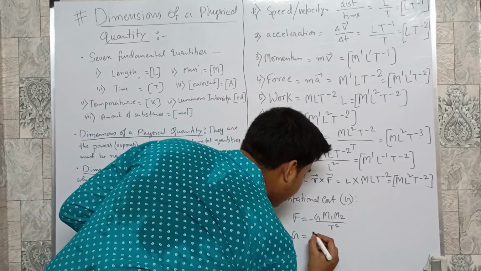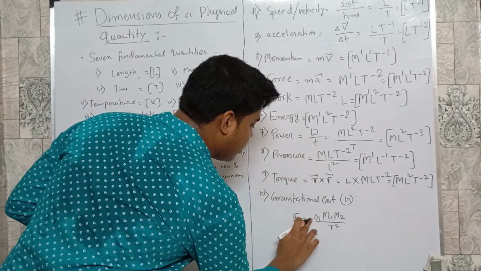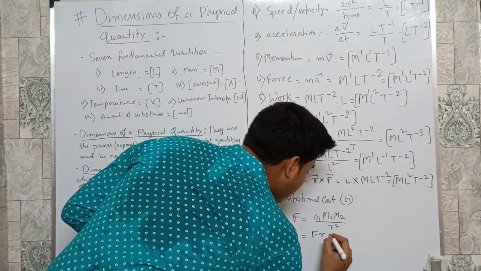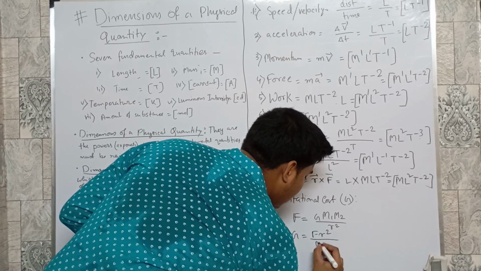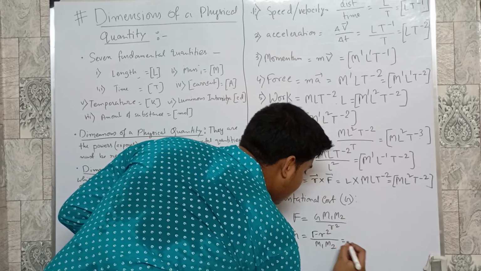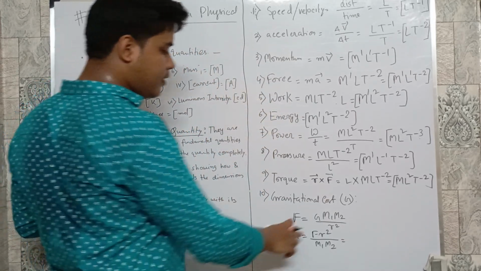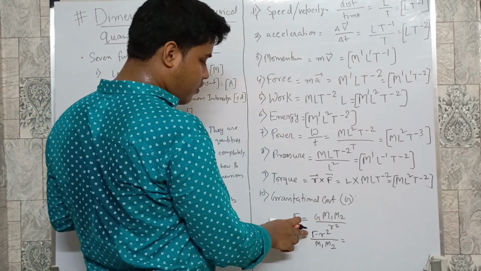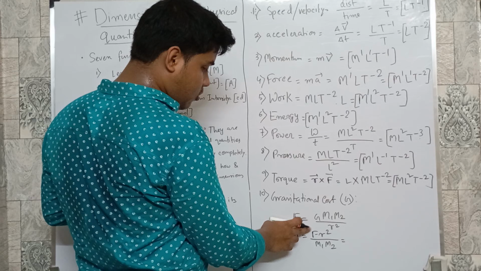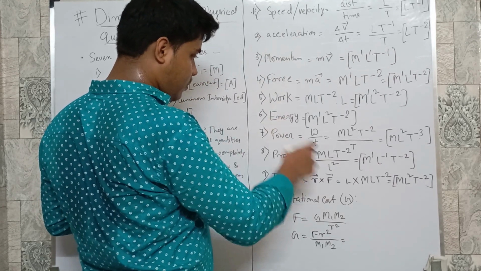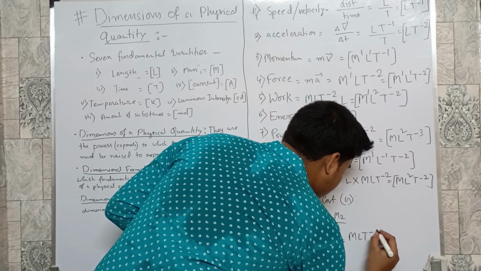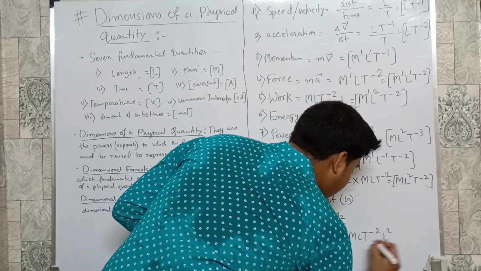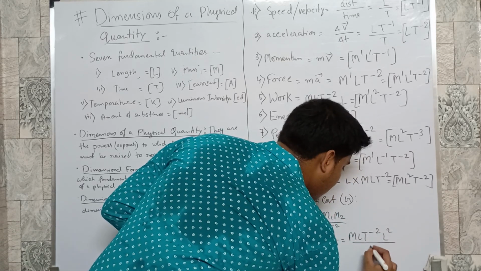We also neglect the sign right now, so we are left with F r square by m1 into m2. Now if we put in the dimensions of these quantities, because I have already said you have to remember these dimensions, it is MLT^-2, length square, and mass square.